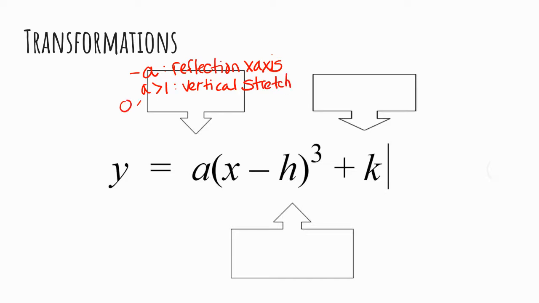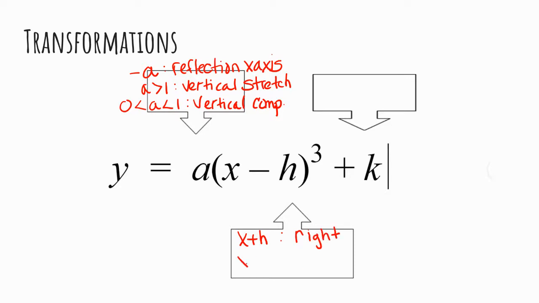If a is in between 0 and 1, so numbers like 1/3, 2/3, or decimals like 0.3, 0.4, we call this a vertical compression, or vertical shrink.